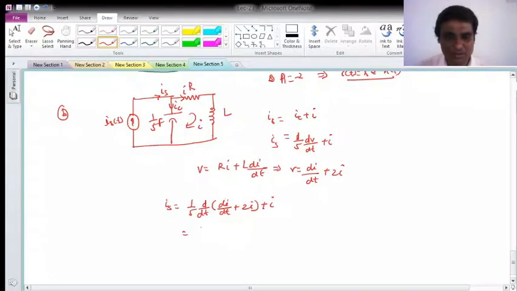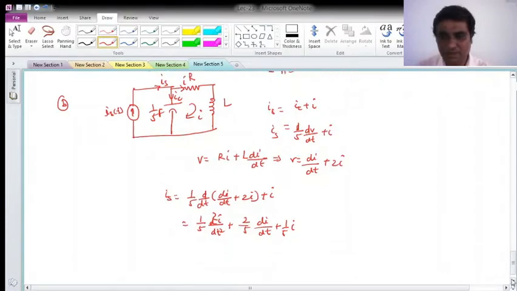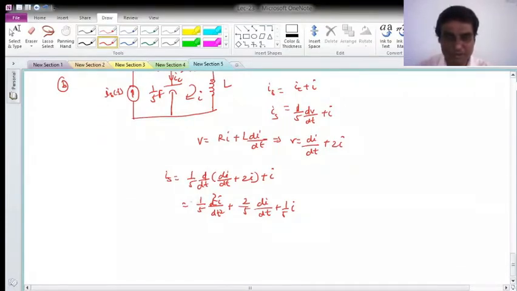Now if I solve, it will be 1/5 of d2i upon dt square plus 2/5 of di by dt plus 1/5 of i. If I would like to solve for the free response, Is has to be 0.